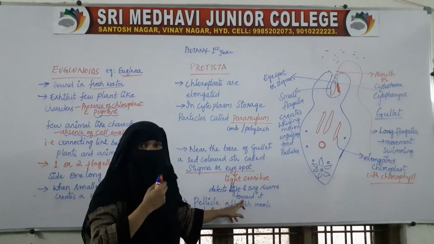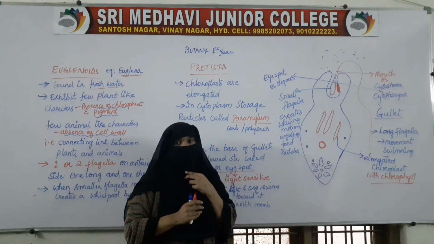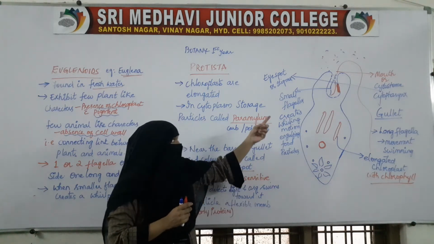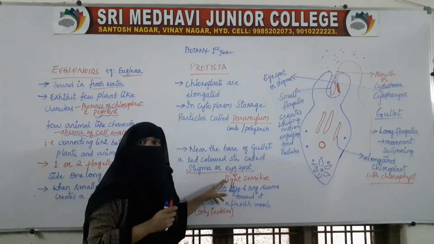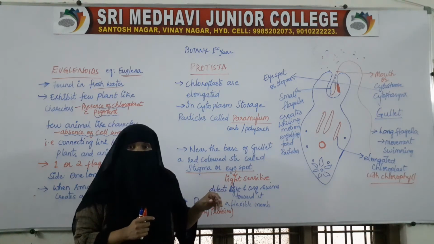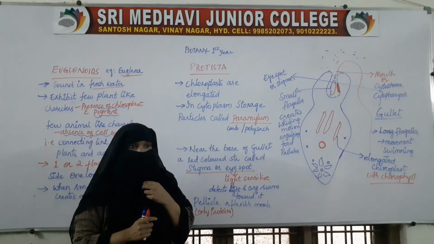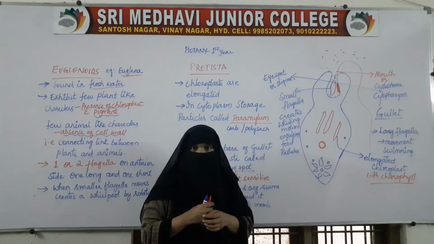So this eye spot or stigma near the reservoir is a light sensitive spot which perceives and detects the light, and because of the detection of the light, the Euglena will swim in the direction of the light.